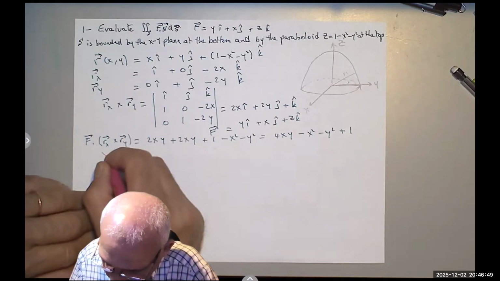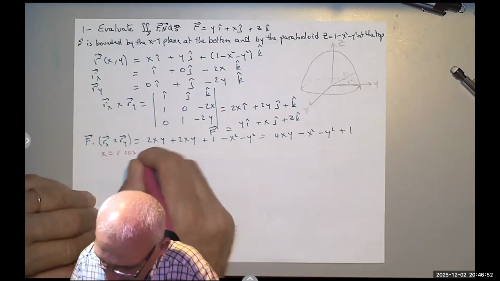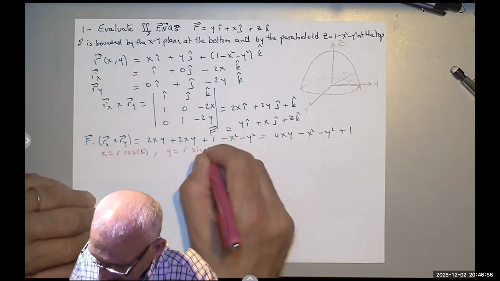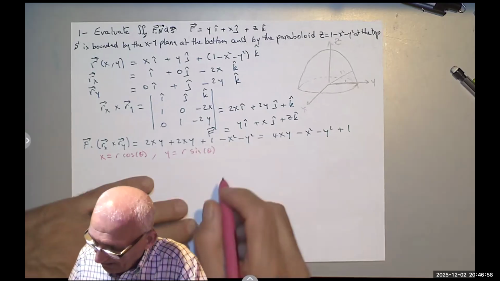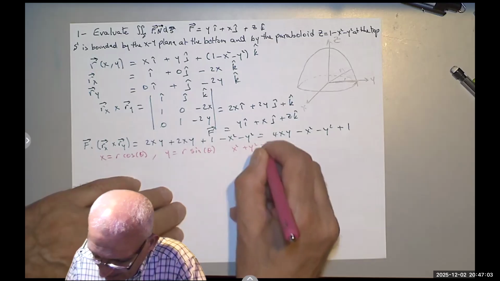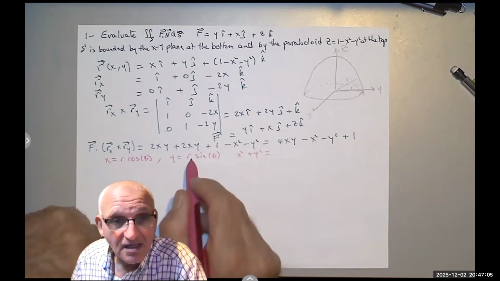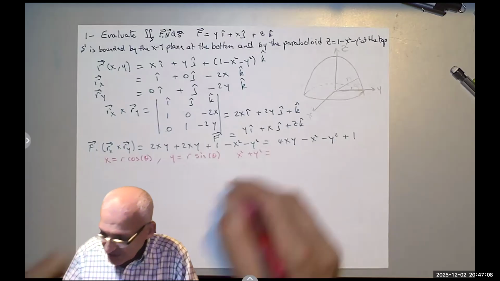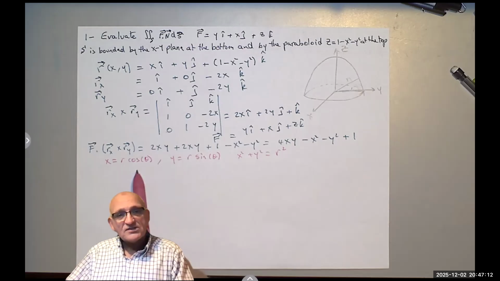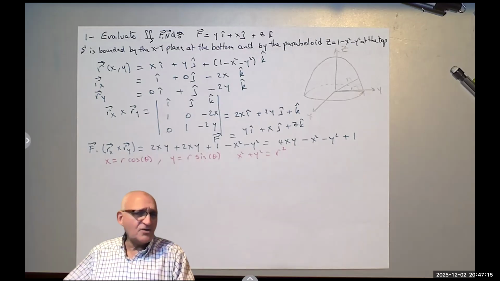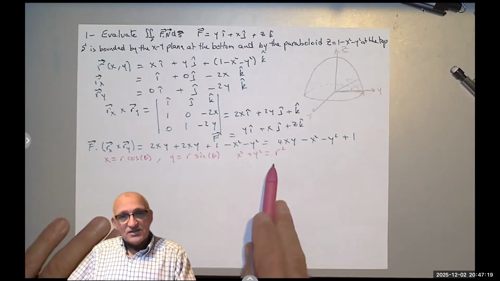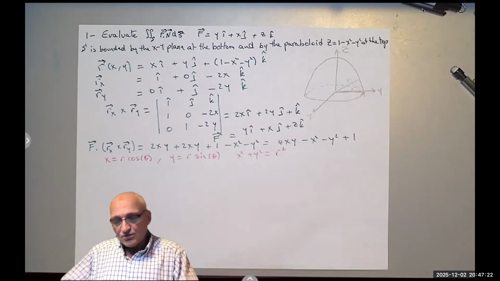I'm going to say x is r cos theta, y is r sine theta, and when I square them both and add them up, I get r squared here and r squared there. So I took them out, factoring them. And between parentheses, I will get cos squared theta plus sine squared theta, which is 1. And that's the equation of a circle whose radius is r, right? And r goes from 0 to 1.